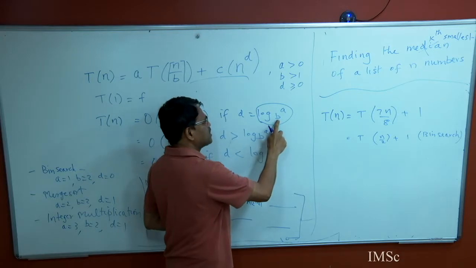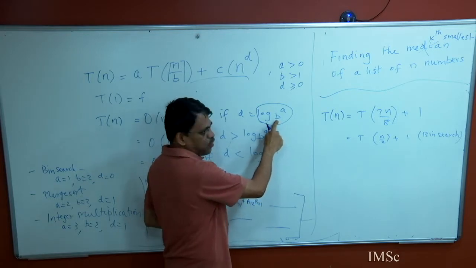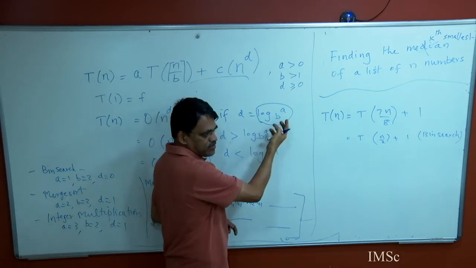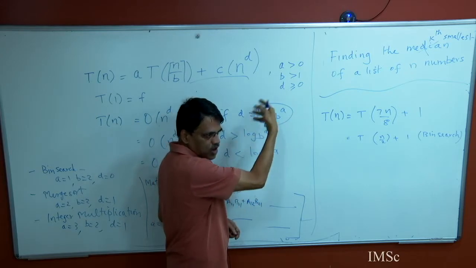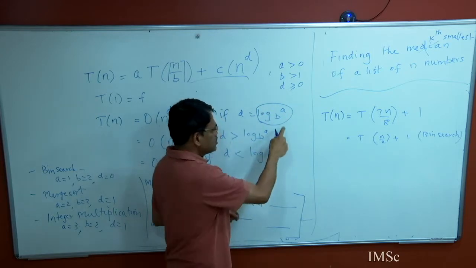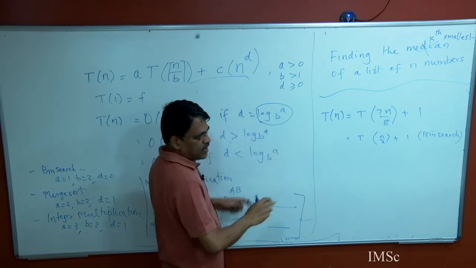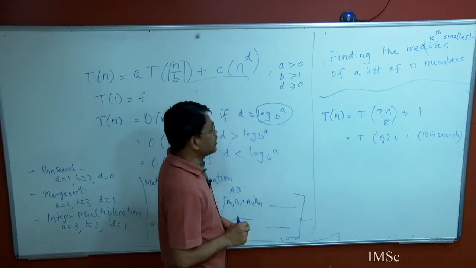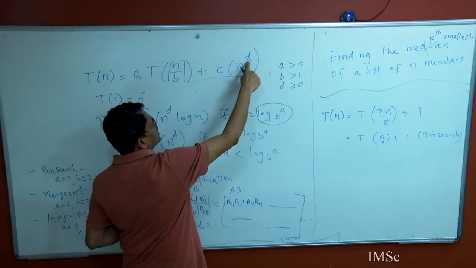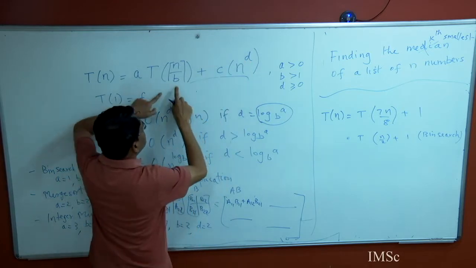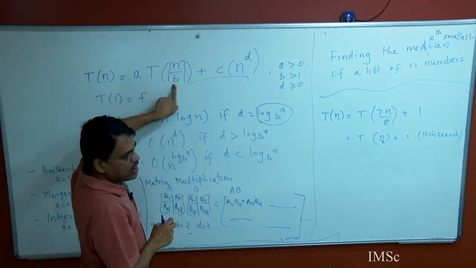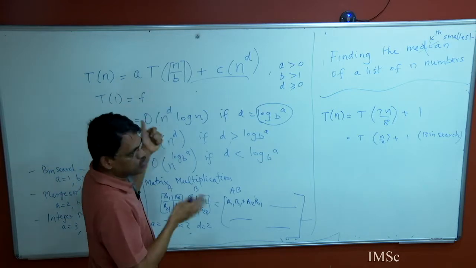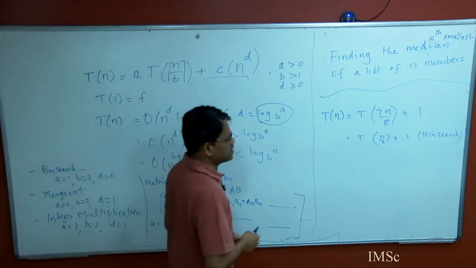But if b is larger than 1, log a to the base b will be 0, because log 1 to any base is 0. So this is 0 and d is 0, so the solution will be log n. If b is slightly larger than 1, log a to the base b is 0, so it's binary search.